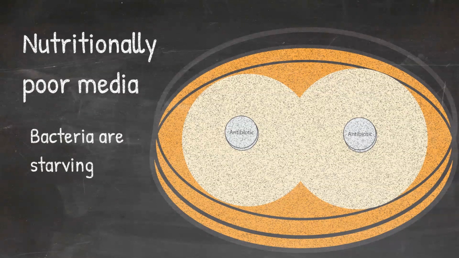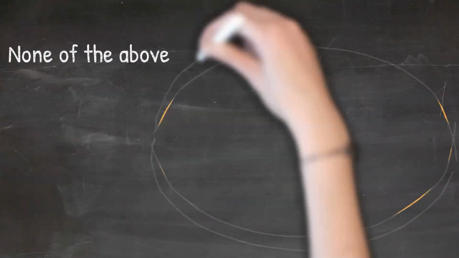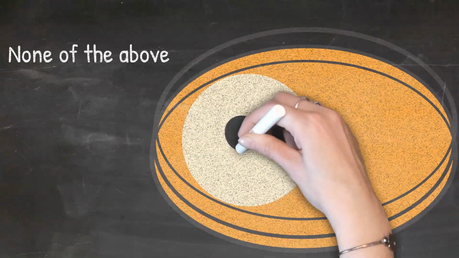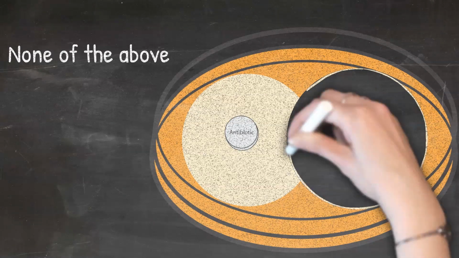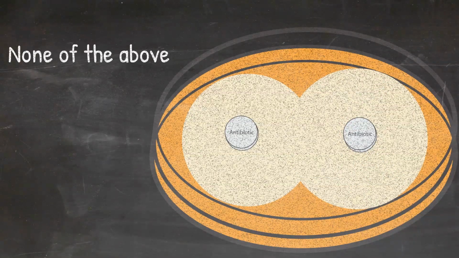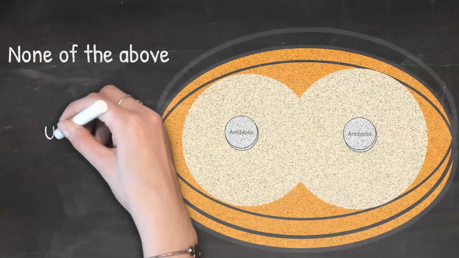If you double-check everything and it is correct, which means the suspension is not too light, the agar is not too thin, the agar is nutritionally adequate, and the organism is not a slow grower, get a new control vial.